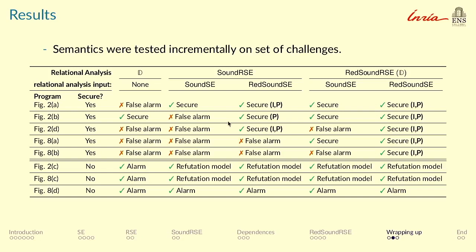For the last one, it doesn't matter how many times you unroll the loop, you will always end up having to over-approximate. So the tool is giving us the correct answer, saying it's not non-interferent, but we don't know exactly why.